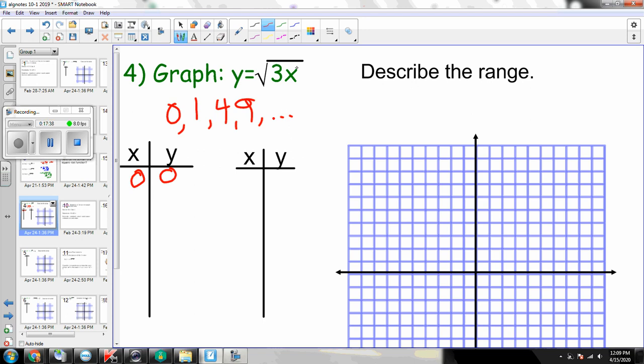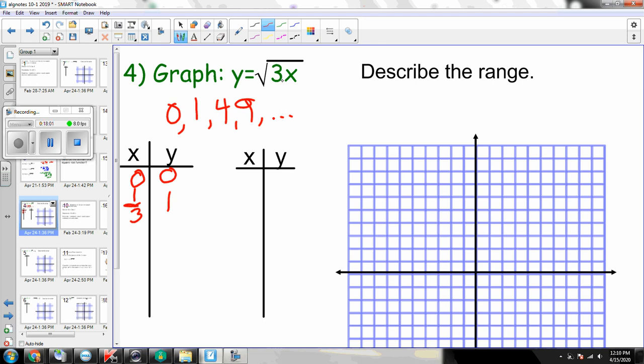If I try to make what's under the radical a 1, so I can take the square root of 1 and get 1, I'm thinking to myself, 3 times what gives me 1? Well, 3 times 1/3 would give me 1. The square root of 1 would be 1.